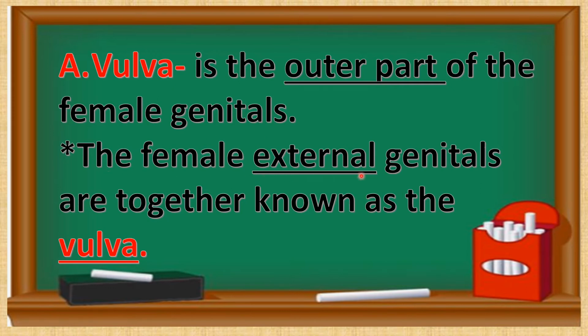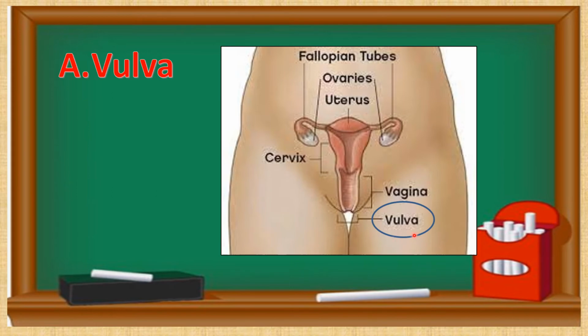So the female external genitals are together known as your vulva. As you can see in this picture, this is where the vulva is located.